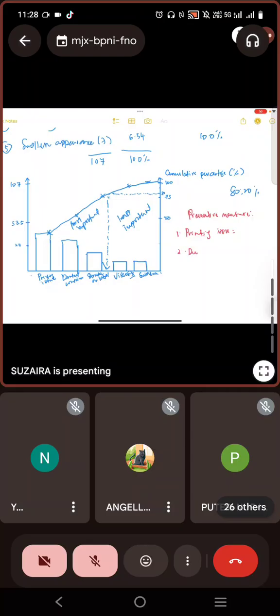Number 2 is a dented container. Number 3 is a scratch on label. So what are the preventive measures that you can think about in order to overcome this issue? For example, let's say for number 1, is there any preventive measure in order for us to overcome the printing issue? Anyone would like to try?